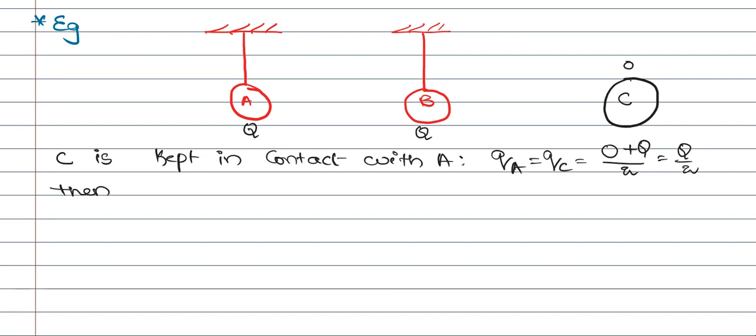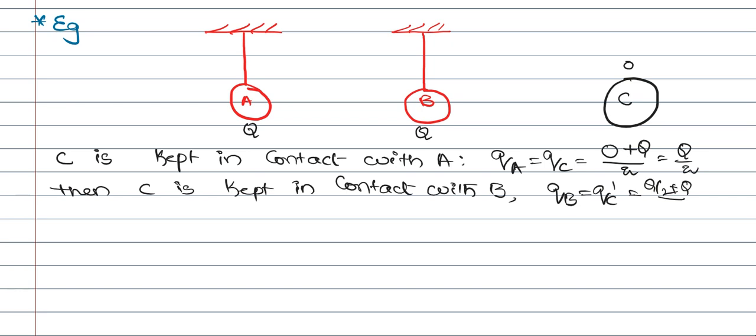Then C is kept in contact with B. So now the charge on B and on C will also change. It will be Q plus Q by 2, divided by 2, which is 3Q by 4.